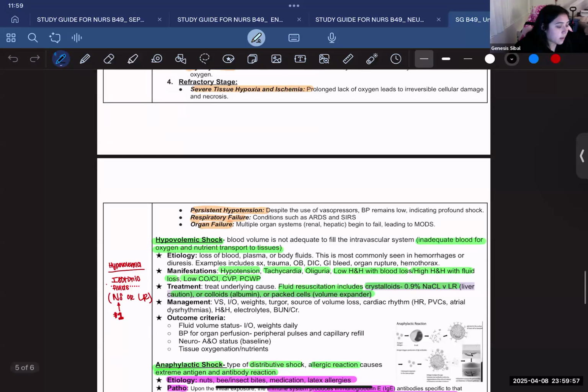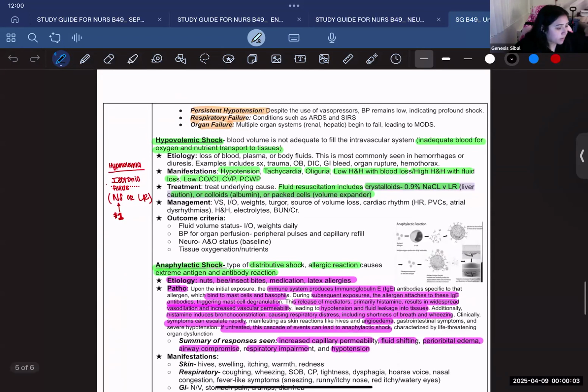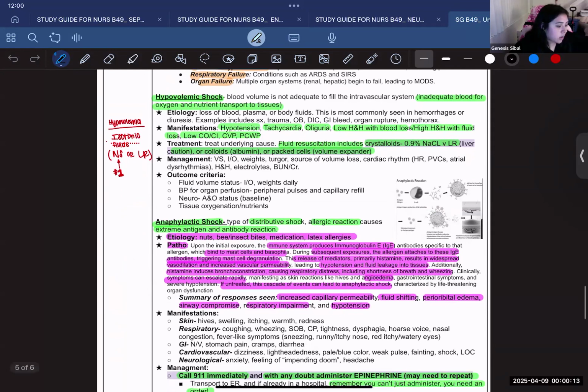And in terms of refractory, now you're having hypoxemia, ischemia, failures of those different things. The hypotension is persistent, kind of like with septic shock, right? Same thing. You have maybe an okay blood pressure, and now it's going to be a lot lower.